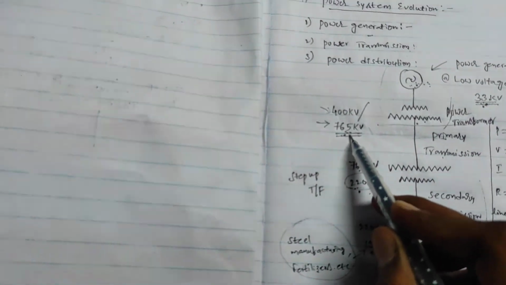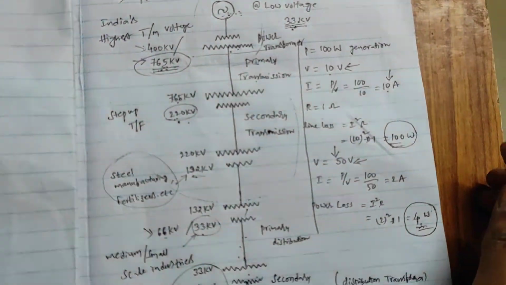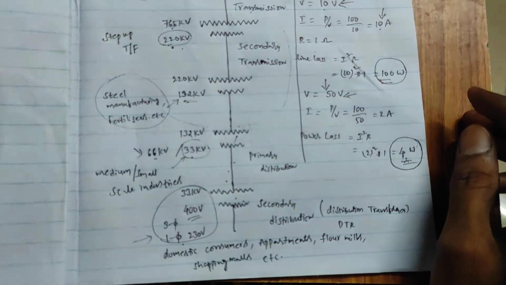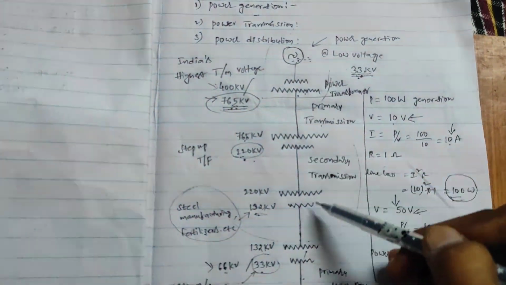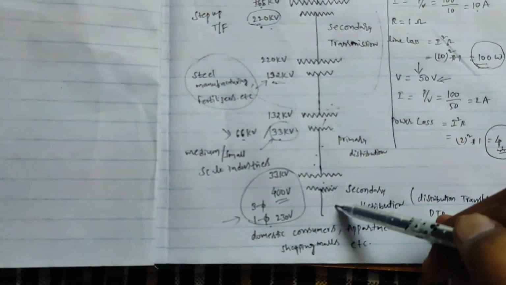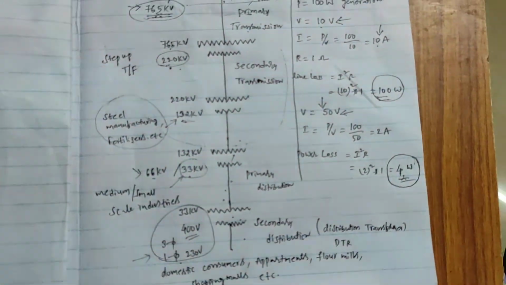This is India's highest transmission voltage till now, 765 kV. And this is how our power system evolution takes place, all the way from generation to transmission and finally to distribution. Thank you.